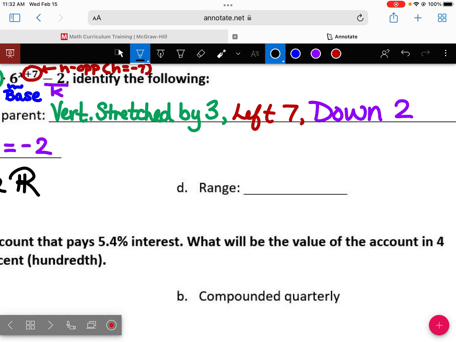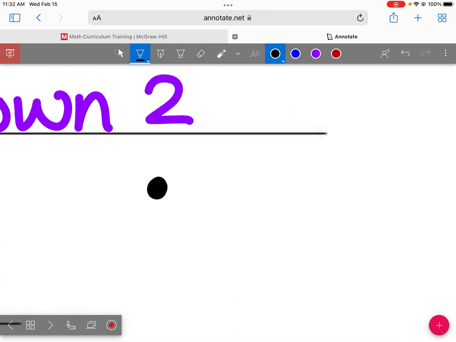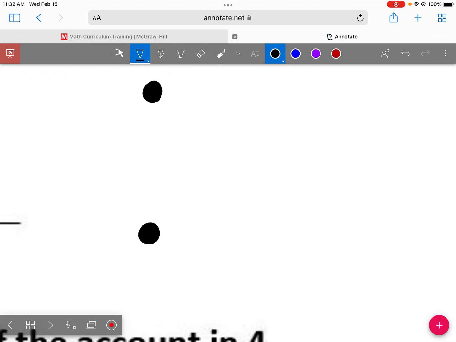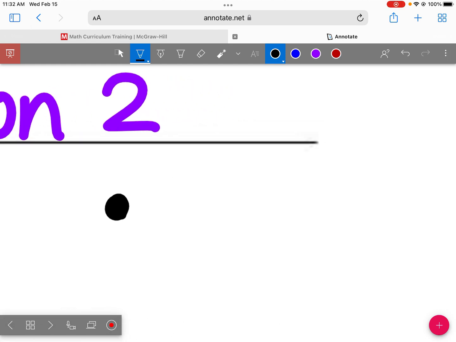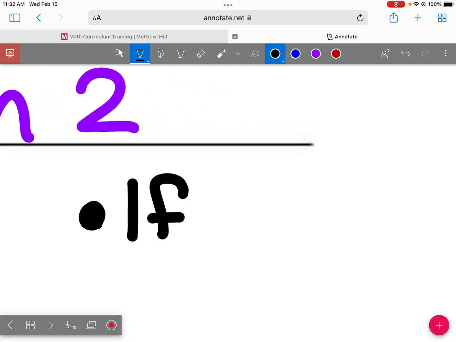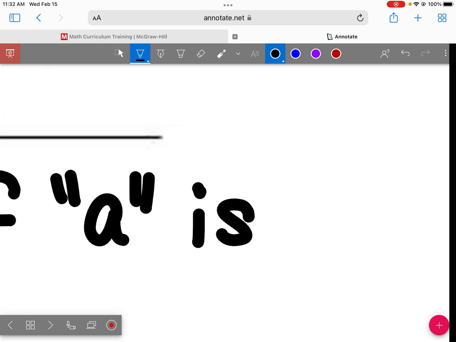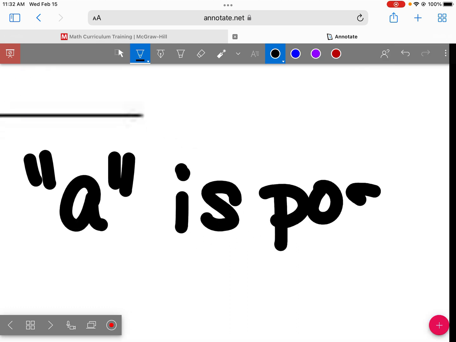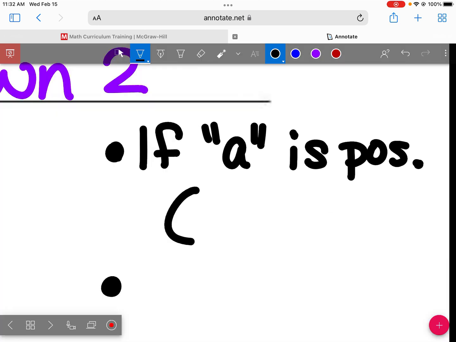For the range, we talked yesterday about 2 ways of knowing what the range is. If A is a positive number, then the range would be whatever K is to infinity.